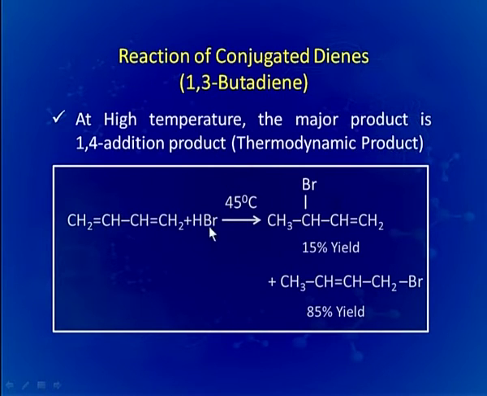Here HBr is added across the C1 and C4 carbon atoms, and we get 85% yield of C1 and C4 addition. This product is called the thermodynamic product because it is thermodynamically more stable.